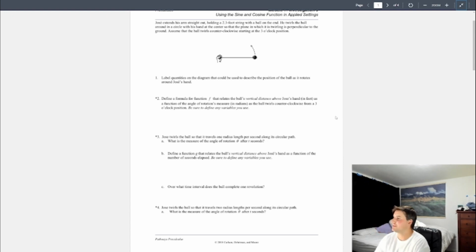This is kind of fun. It seems to be combining from week 1, combining speed and distance with the 2 different functions into one, I think. What is the measure of the angle of rotation theta after t seconds?